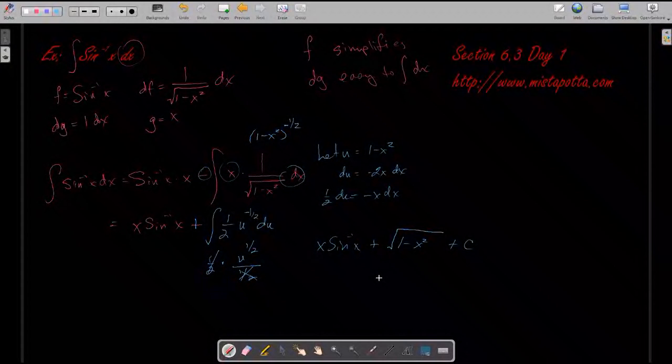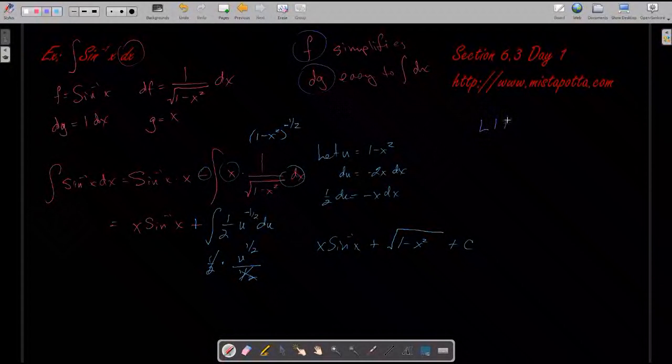Now I promised that I would talk at the very end about a way that we could easily determine our f and our dg. And our textbook gives us this limit term.